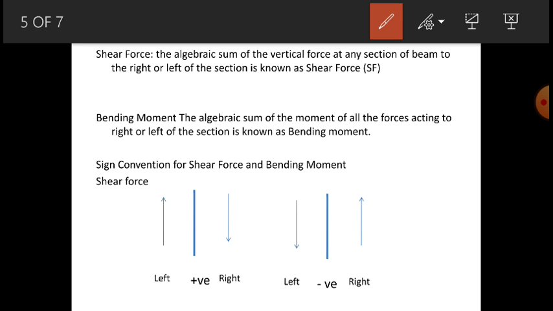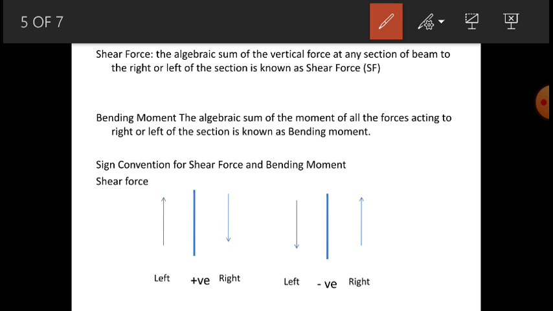It is the force into the perpendicular distance, from the point where we want the moment to the point of application of the force. That will give the moment. When you do the summation of those moments about a particular section, that is called bending moment.